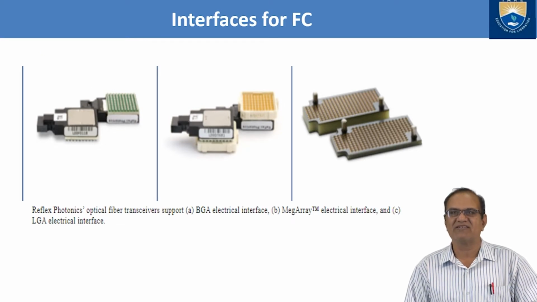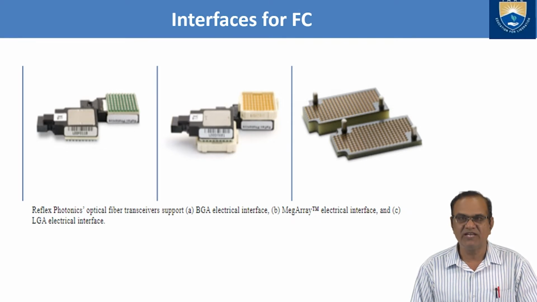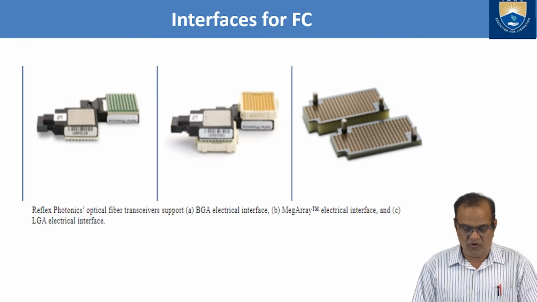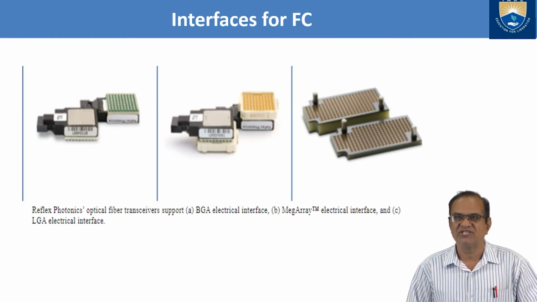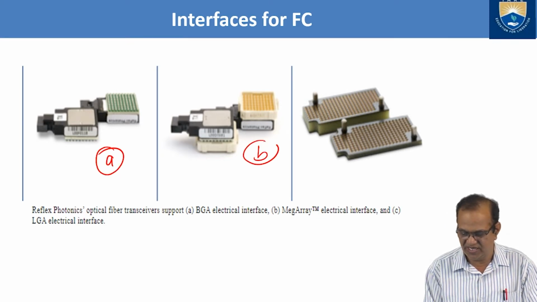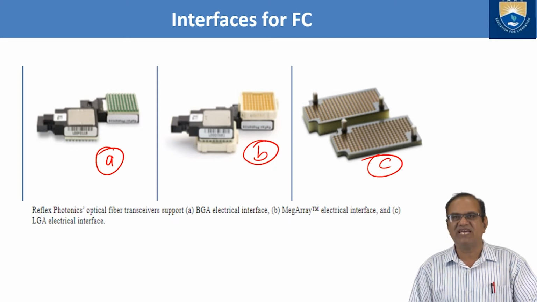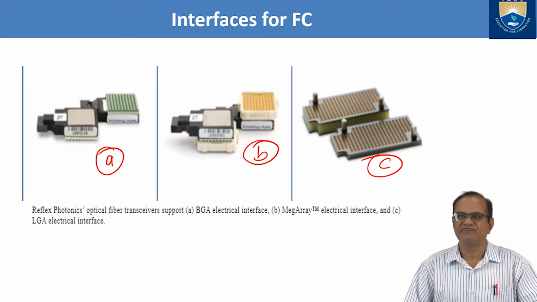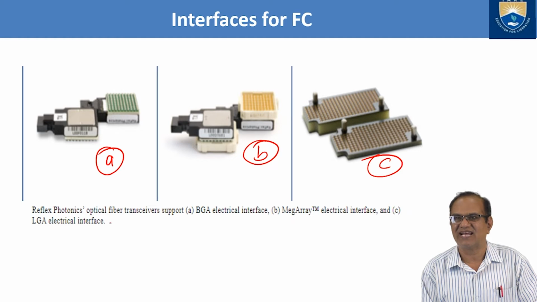Interfaces for the fiber cable, a few are shown here, and how these things work. They are the Reflex Photonics optical fiber transceivers, supporting A, BGA electrical interface. This is the A, this is the B, and this is the C. So A is the BGA electrical interface, then the MEG array electrical interface, this is the B, and C is the LGA electrical interface.